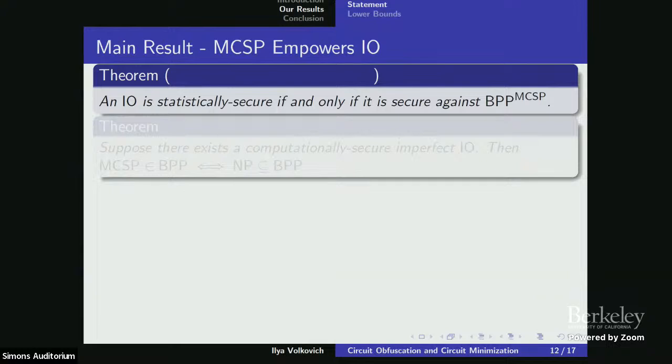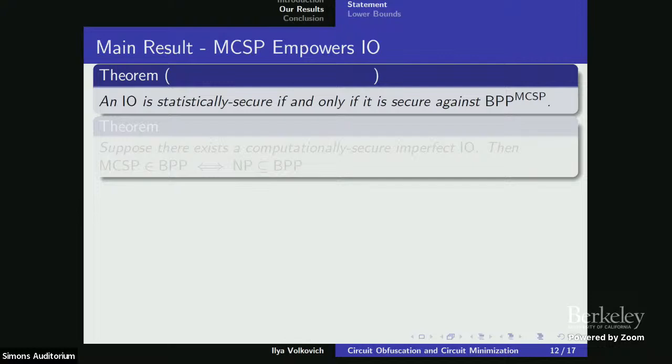Statistical security means it's secure against any possible algorithm. But it actually means that the best distinguisher doesn't have to live high in the sky, like EXPSPACE or something like that. It lives relatively down on Earth, in BPP to the MCSP. So this fuels it.